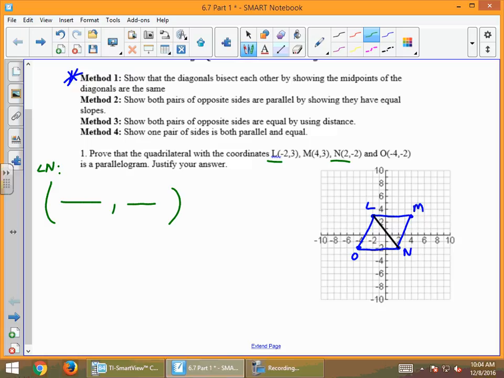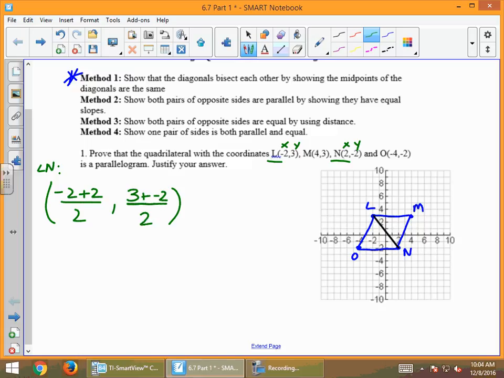So if we look at L and N, what are our x values? -2 and 2. Add those together. Divide by 2. What are our y values between L and N? 3 and -2. Add those together. Divide by 2.